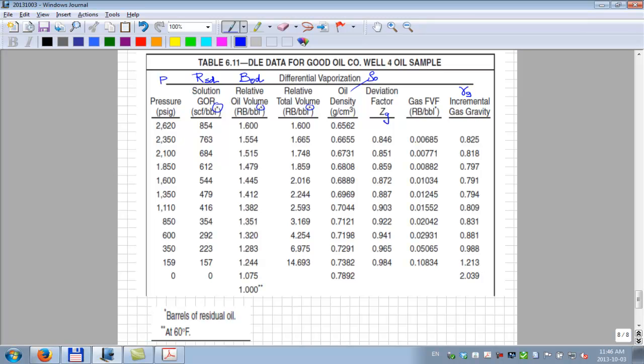And then we have a couple of other columns that we have to figure out what they are. Some labs report these other columns, some don't. All laboratories will report RSD, BOD, oil density, and gas gravity. But these are kind of optional, and we've got to figure out what they are.